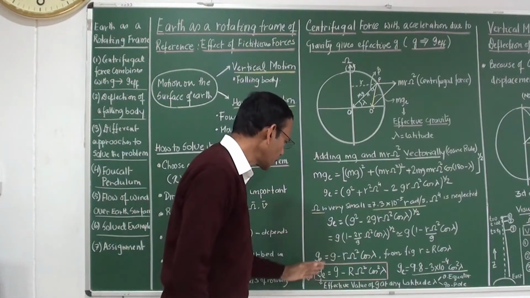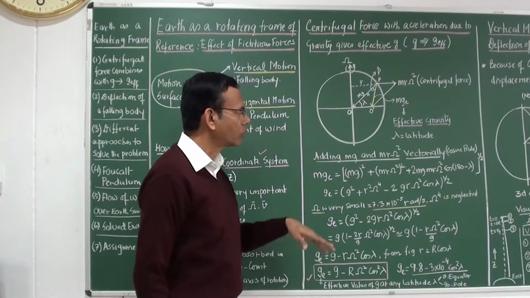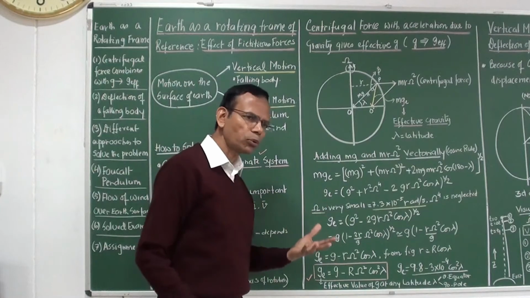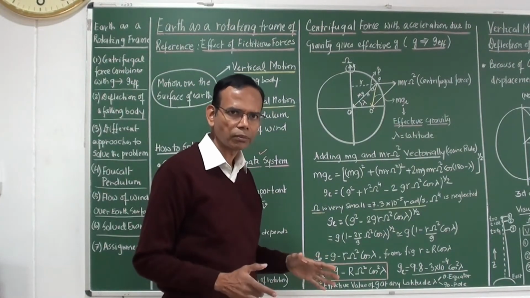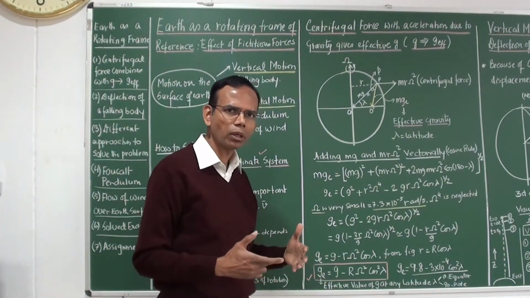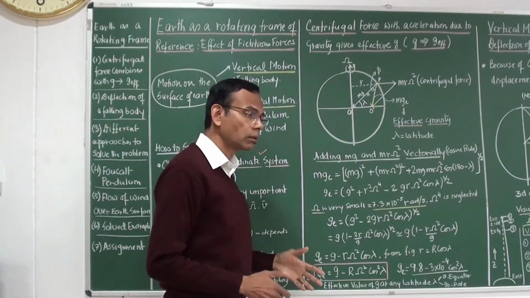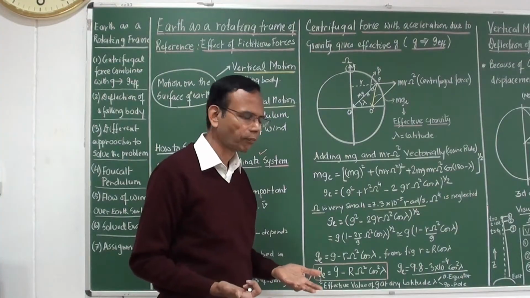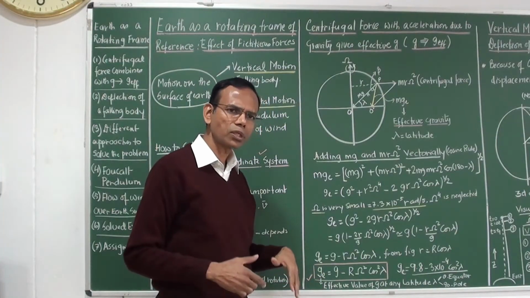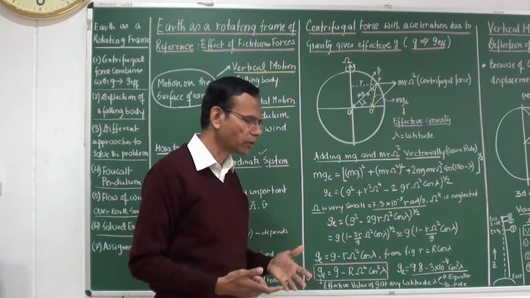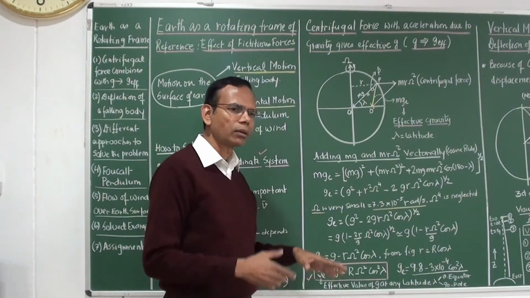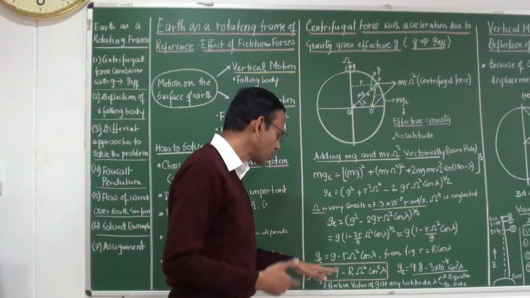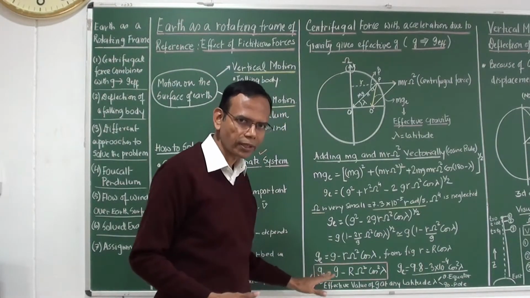So this is an important expression, and from the next time onwards, we have to take care of centrifugal force anyway, because Coriolis force depends on V. But if any body is there, centrifugal force is always acting on it. So whenever the g is coming, in place of that g, we will put g effective.